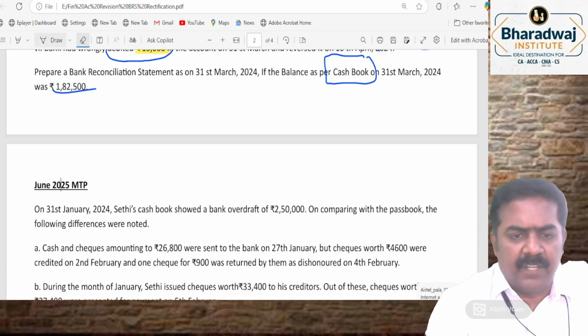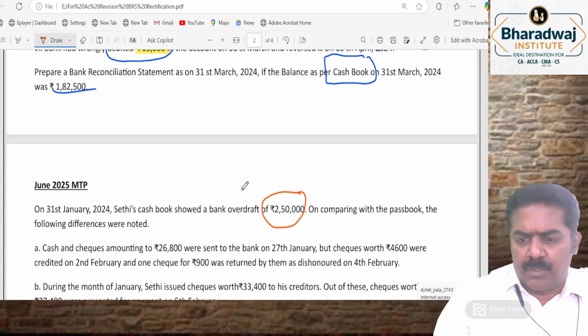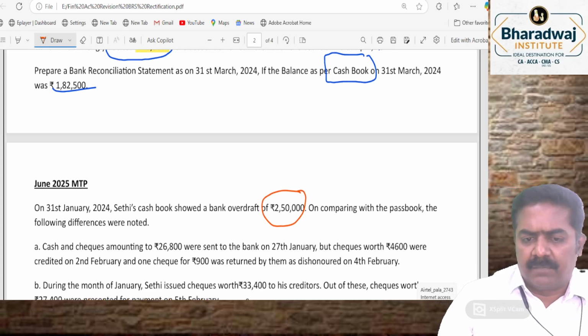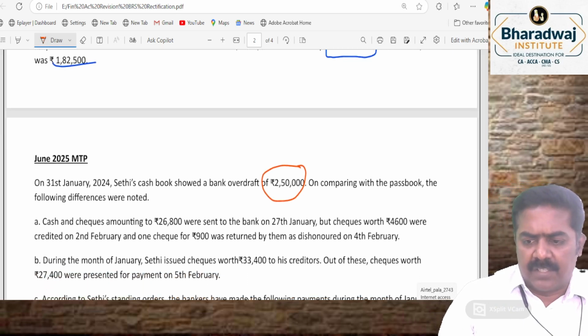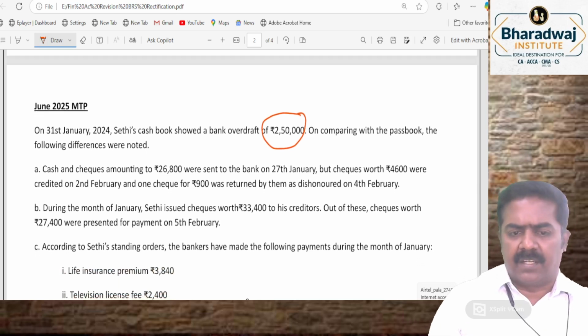June 2025 model test paper. Cash book showed a bank OD of how much is given? 2,50,000 is given. So take this 2,50,000 as 2,50,000. Don't assign any plus sign or minus sign.